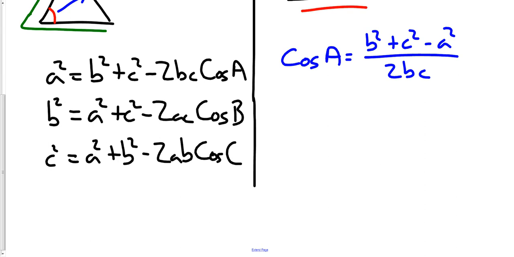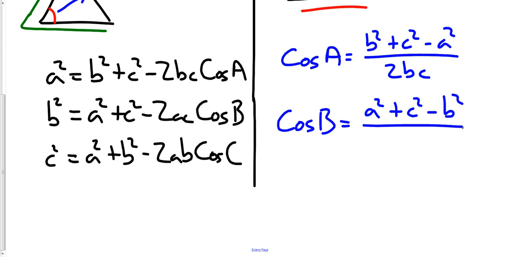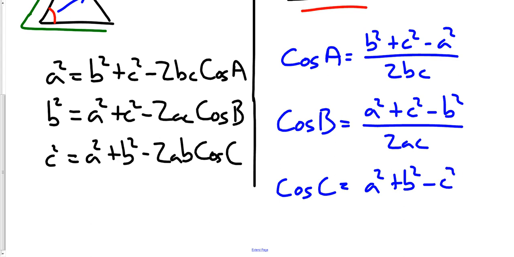If you're looking for angle B, you would have cos B is equal to a squared plus c squared minus b squared, all divided by 2 times a times c. And finally, if you were looking for angle C, you'd have cos C is equal to a squared plus b squared minus c squared, all divided by 2 times a times b.